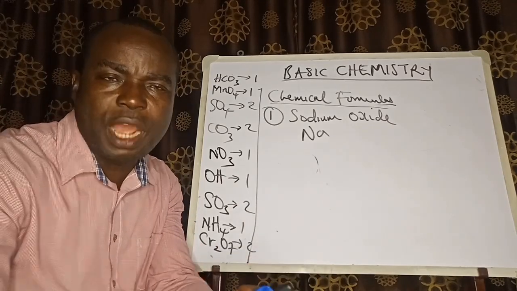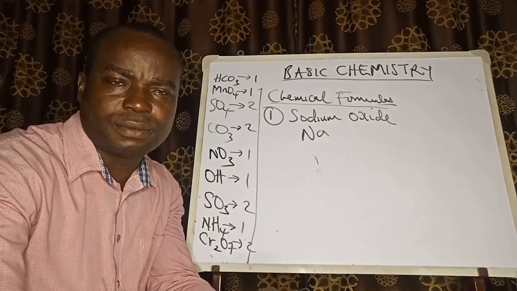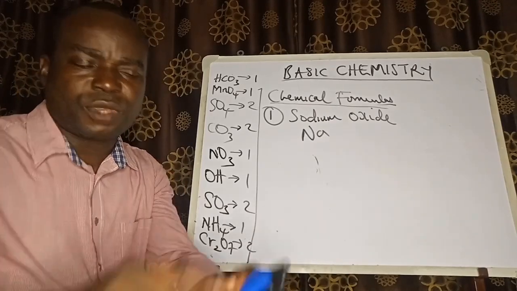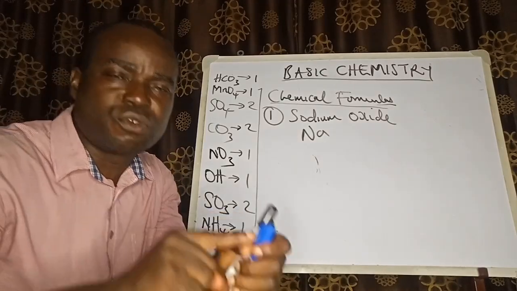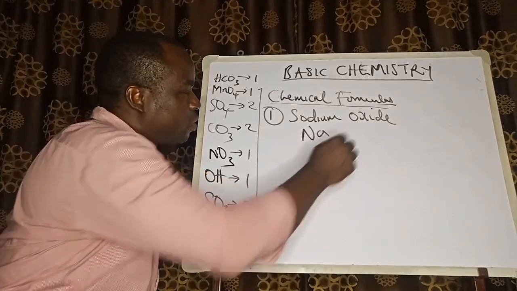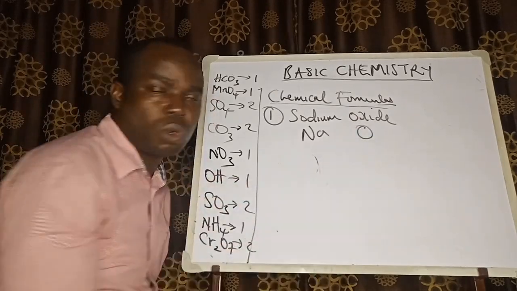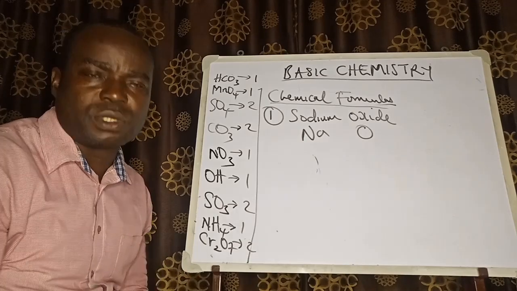If you hear fluoride, it is fluorine in the ionic form. If you hear chloride, it is chlorine in the ionic form. If you hear nitride, it is nitrogen in the ionic form. If you hear hydride, it is hydrogen in the ionic form. So oxide is O, right? We want to write the formula for sodium oxide.